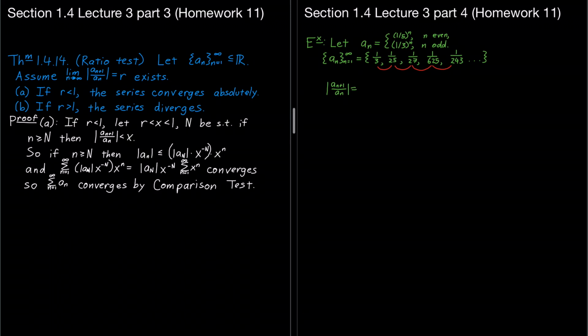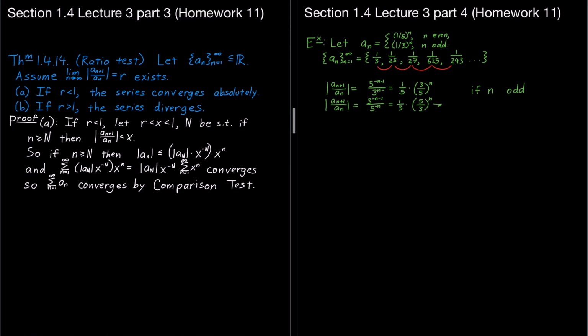It's 5 to the -(n+1) over 3 to the -n, which is 1/5 times (3/5) to the n if n is odd, and a_(n+1) over a_n is 3 to the -(n+1) over 5 to the -n, which is 1/3 times (5/3) to the n if n is even.